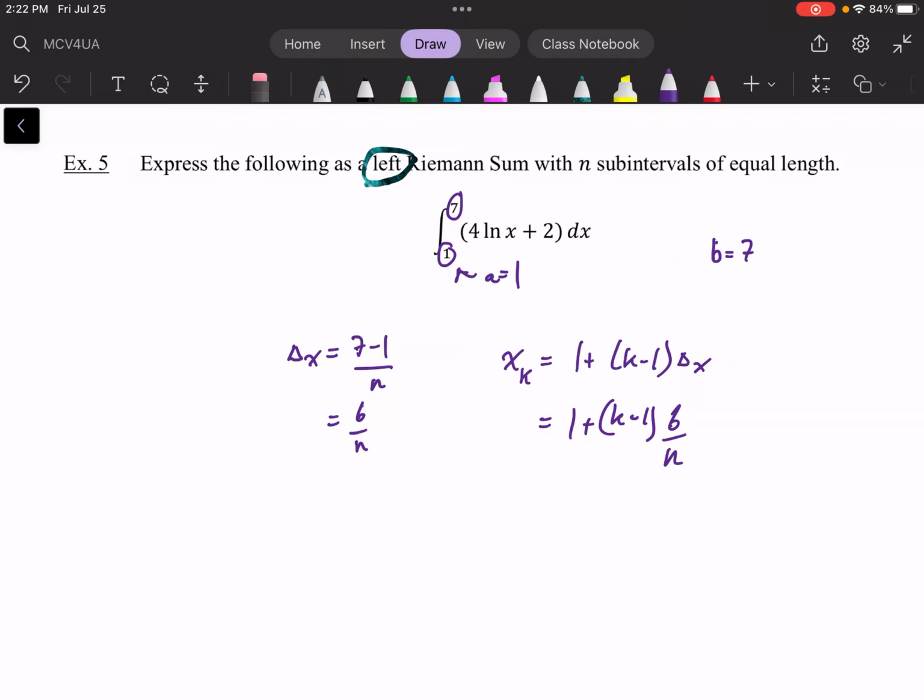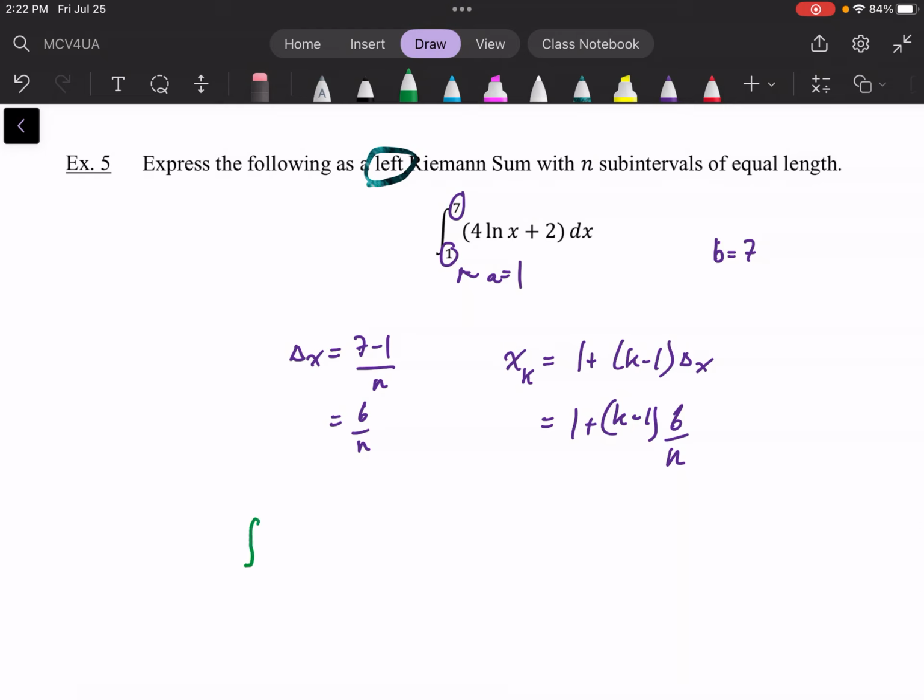So what we can do now is change this integral back into summation notation. Let me write the integral again: the integral from 1 to 7 of 4 ln x plus 2 dx. Now this changes into the limit as n approaches infinity for the sum going from k equal to 1 to n of the function 4 natural logarithm.